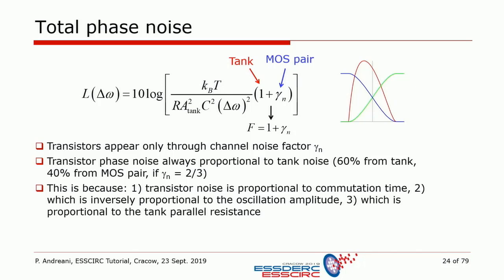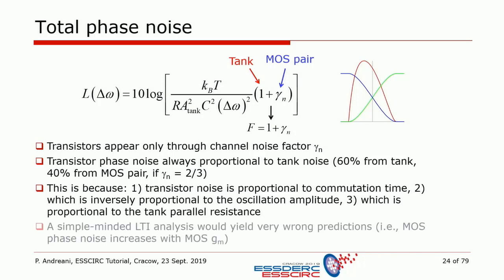The larger the oscillation amplitude, the stronger you drive the differential pair, the shorter is the commutation. And the oscillation amplitude, on the other hand, is proportional to the parallel resistance of the tank. So for the same current, if you double the output resistance, then you have also doubled the oscillation amplitude. And this is basically why the two things are always connected.